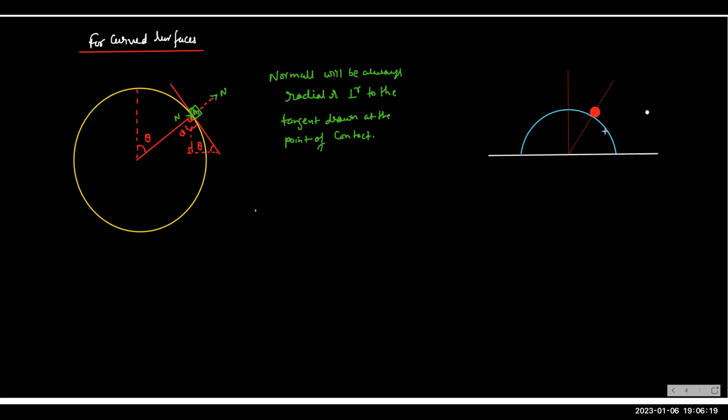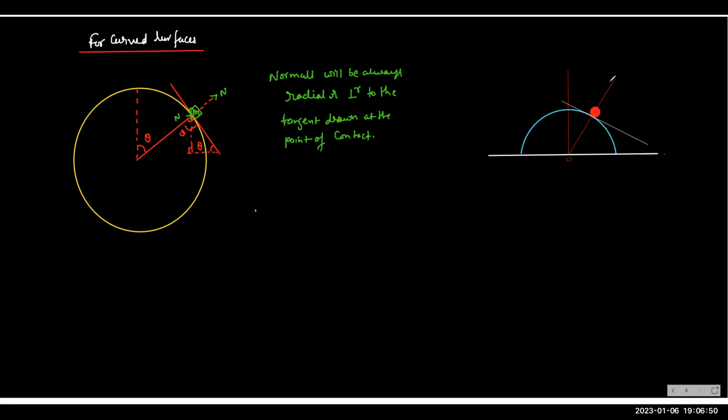So what you are supposed to do is draw a radius. From the center, draw a line, which is called the radial direction, and extend the line. The normal is always perpendicular to the surface, and surface means the tangent to the surface. And we know that the radial vector itself is perpendicular to the tangent vector, and therefore this itself is the normal direction.